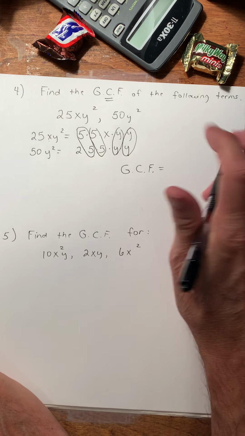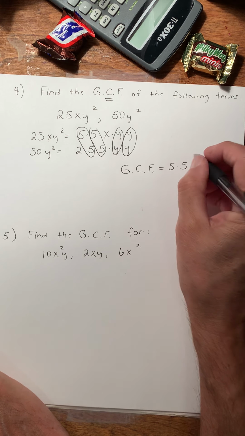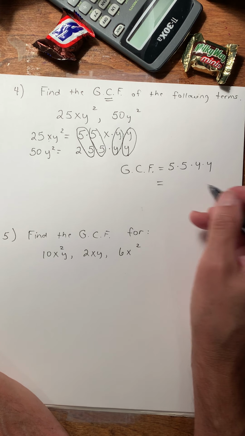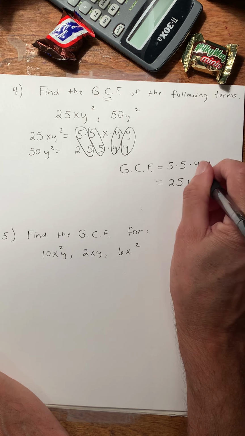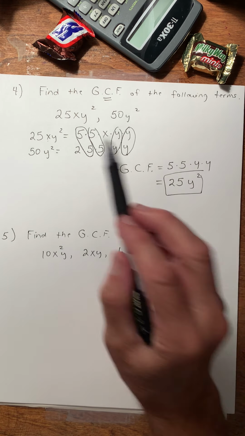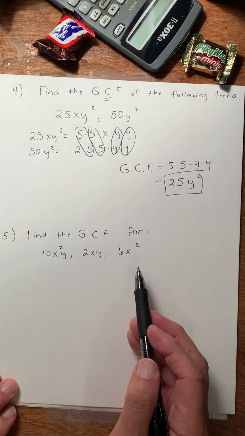Hey, if I got a pair of them, I include it. So it's got a 5 once, a 5 twice, a y once, a y twice. So my greatest common factor is 25y squared. Almost foolproof. All right, let's do it with these 3.